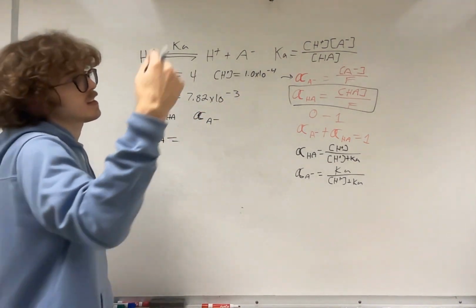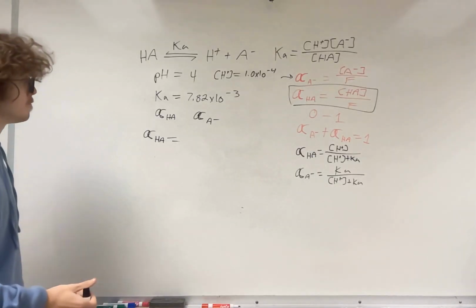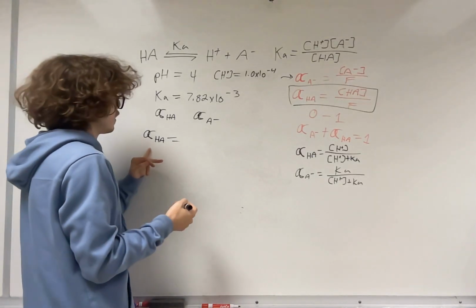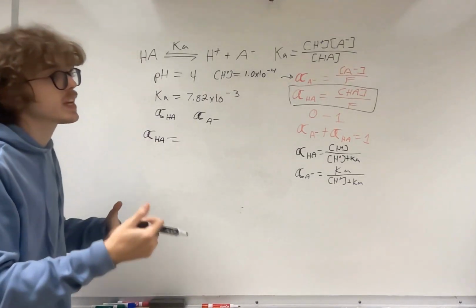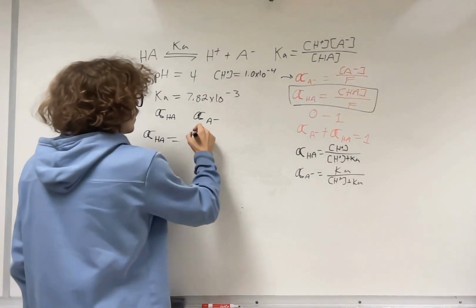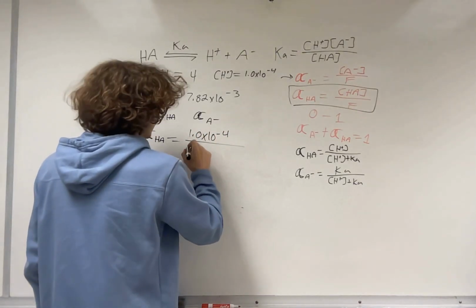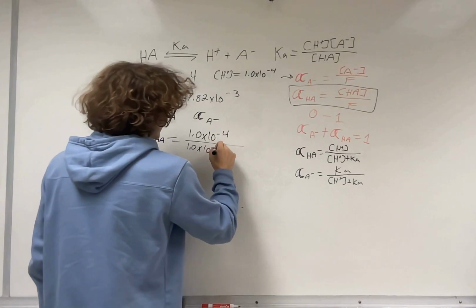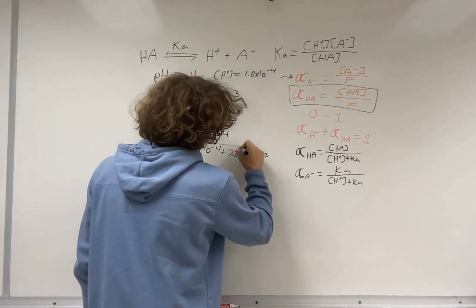So the fraction of HA, the weak acid, is 1.0 times 10 to the negative 4 over 1.0 times 10 to the negative 4 plus 7.82 times 10 to the negative 3.